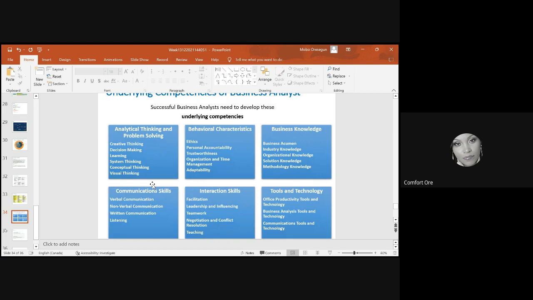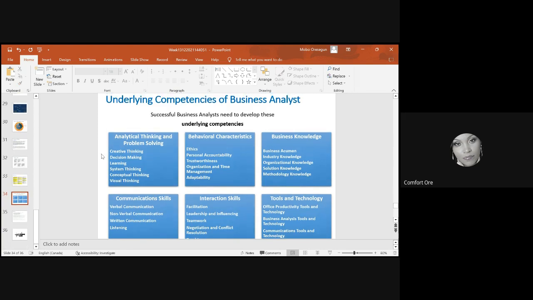The underlying competencies. All right. Analytical thinking and problem solving is essential as a BA. Come up with creative ideas, decision making, be a quick learner, systems thinking.